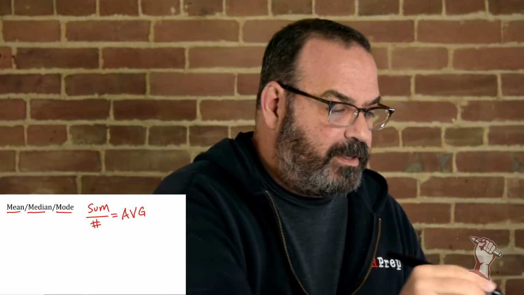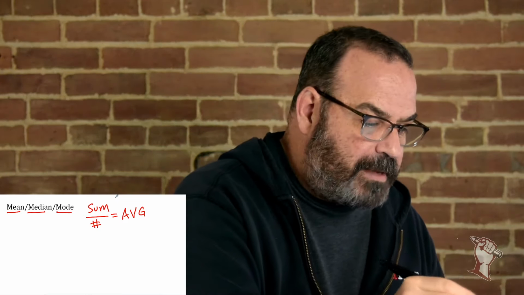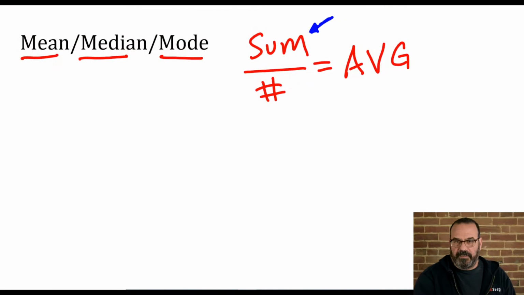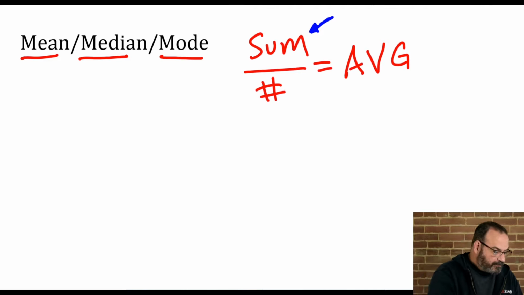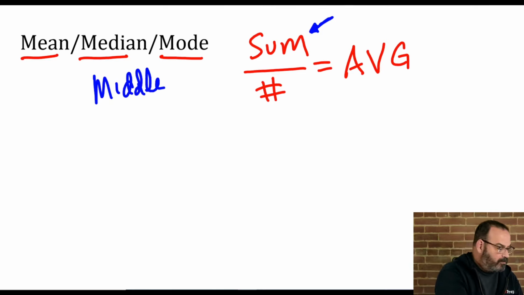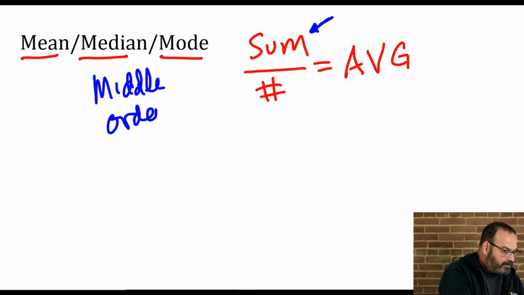What they do is they make you do some algebra with the sum. And I'm going to post a whole bunch of average problems probably next Monday or Tuesday. The median means the middle number of the set, but it's only the middle number when it is in order.